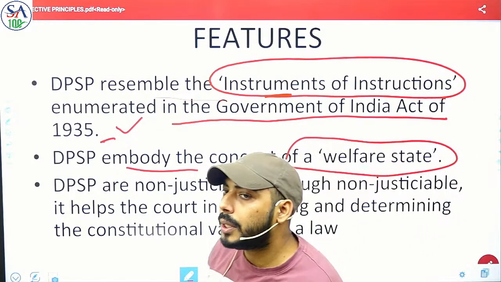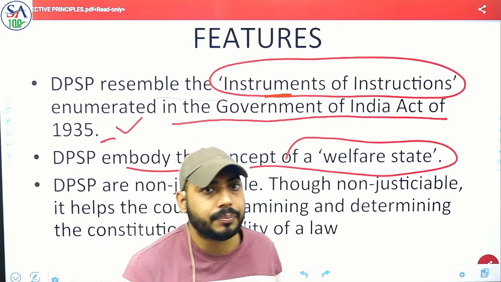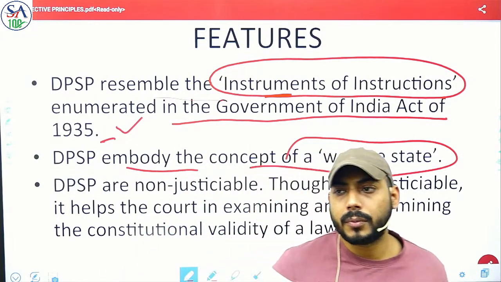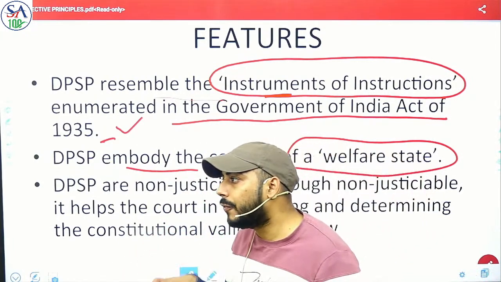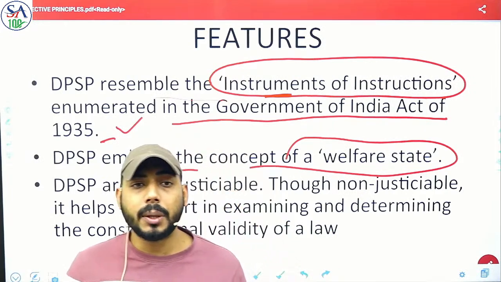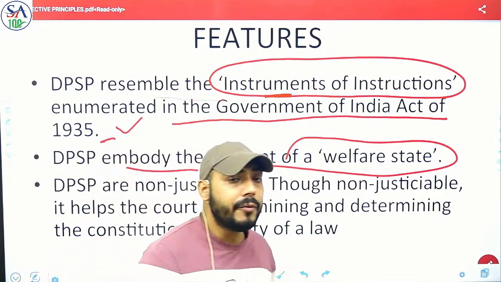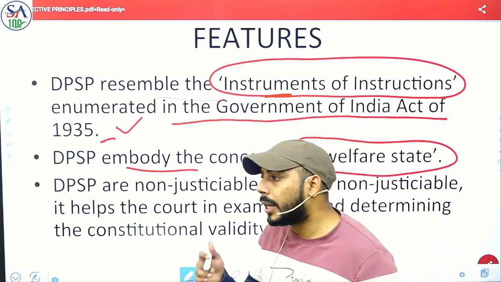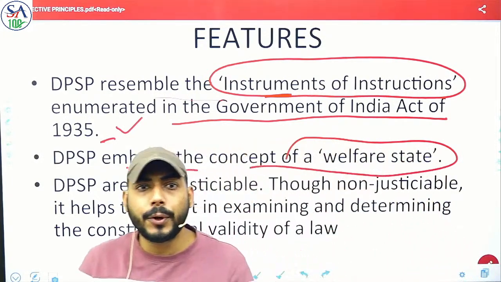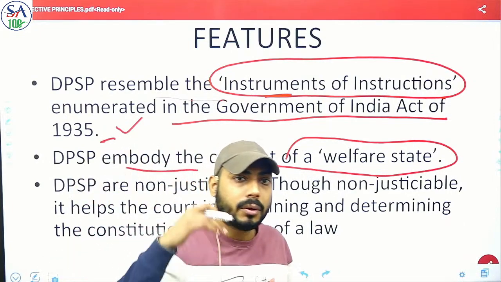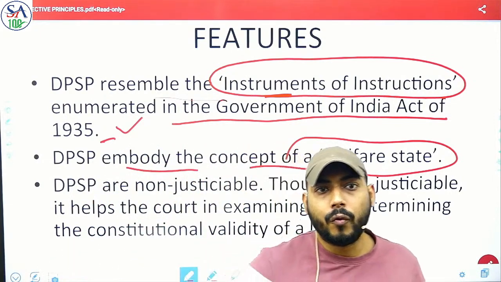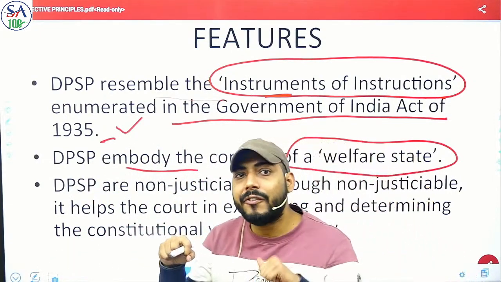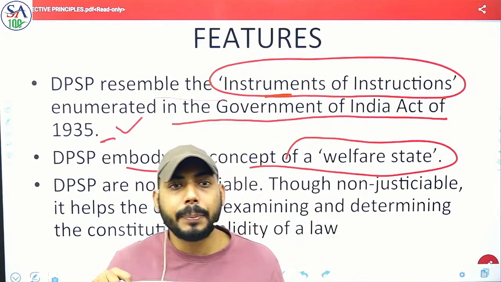Now you need to understand the concept of welfare state. In India, currently we have a welfare state, but during the British regime, when we were a colony of the British, that system was a police state, in which administration was a key point. But a welfare state is people centric.